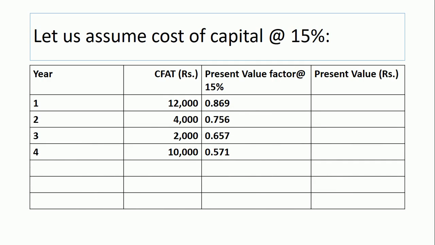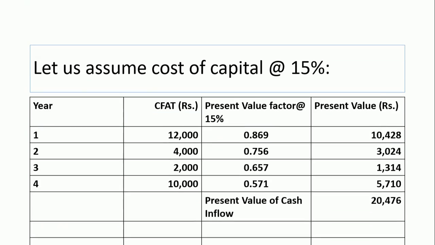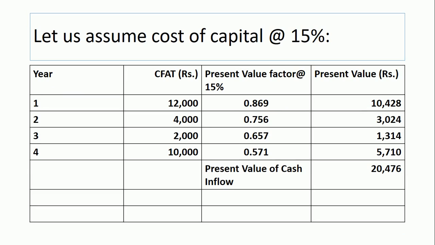We can write 15% as 0.15. Second year value 0.756, third year 0.657, fourth year 0.571.